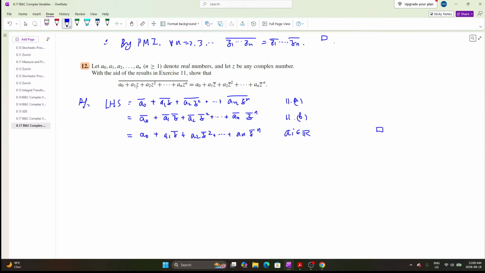But if z is a root, you have a conjugate of 0, therefore it's still 0. So there's some symmetry going on with polynomials with real coefficients. If z is a root, z might be complex, then z bar must also be a root.